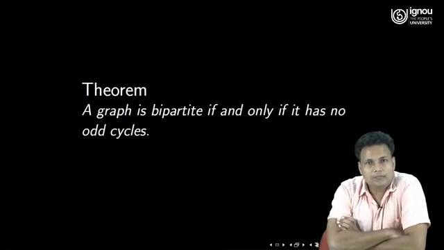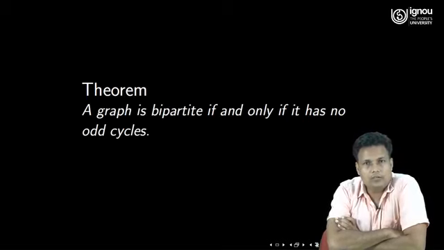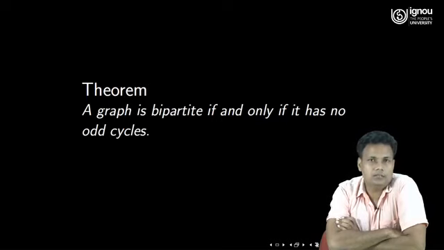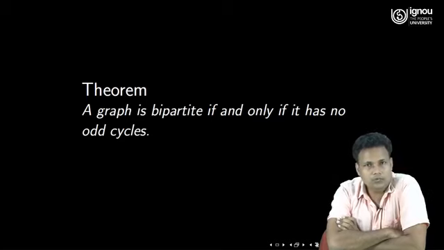It says that a graph is bipartite if and only if it has no odd cycles. So you can see that there are two statements here. The first statement is, if a graph is bipartite, then it has no odd cycles. And the second is its converse, right? That means if a graph has no odd cycles, then it is bipartite. So we shall prove these statements.